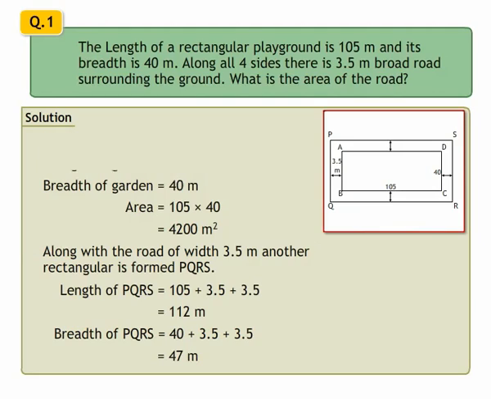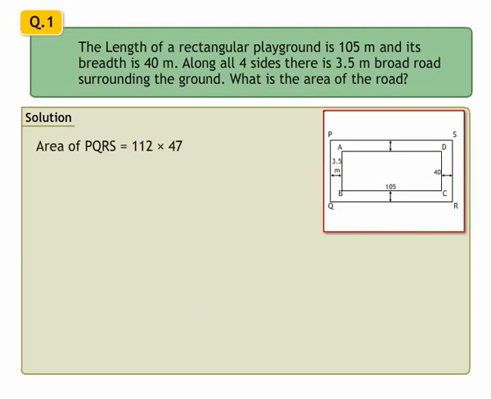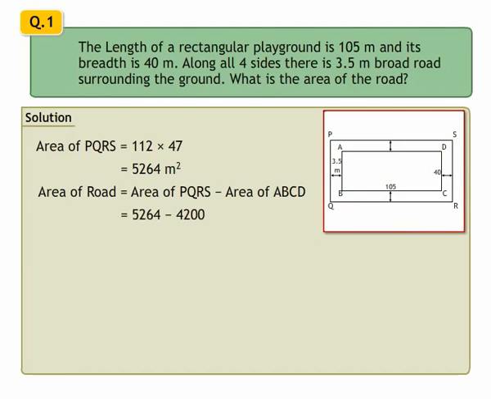Therefore, area of PQRS is 112 into 47 equal to 5264 square meters. Area of road is equal to area of PQRS minus area of ABCD equal to 5264 minus 4200 which is 1064 square meters.